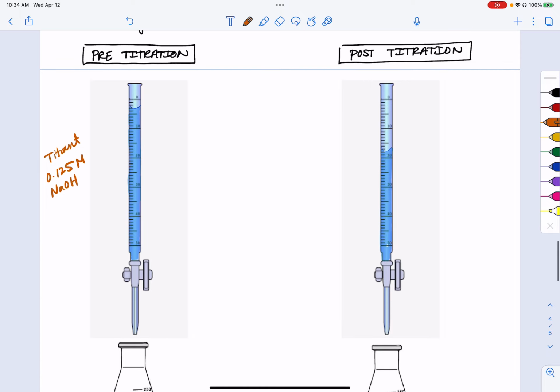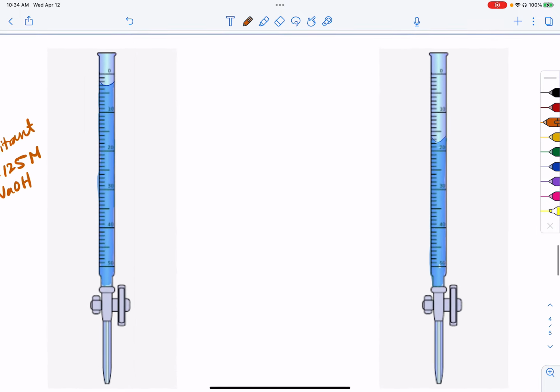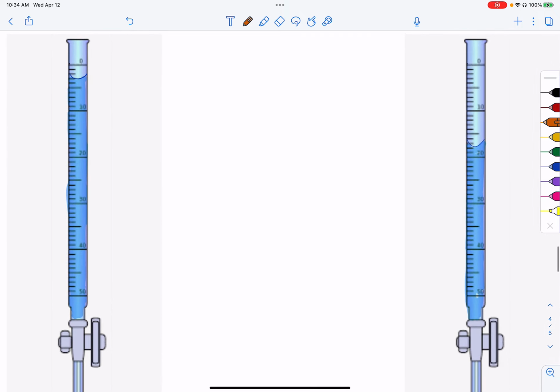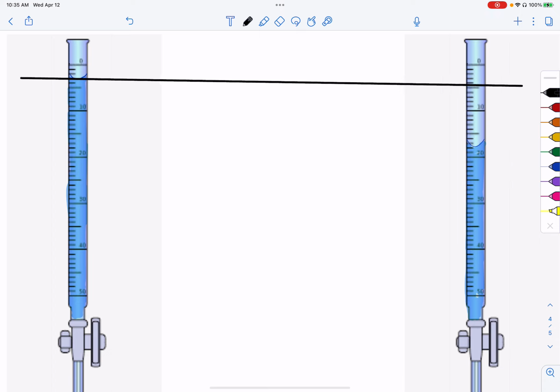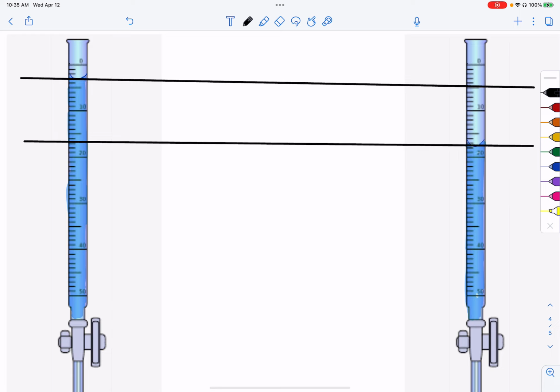All right, so I'm going to zoom in on this real quick. It looks like I've got my meniscus here as my starting initial volume. And then looking at my meniscus here, that seems a little low to me, for my final volume.